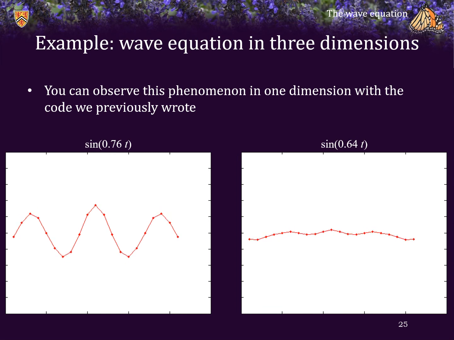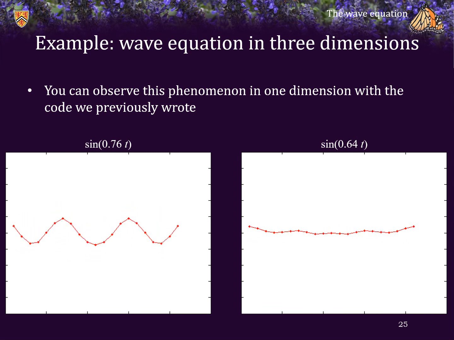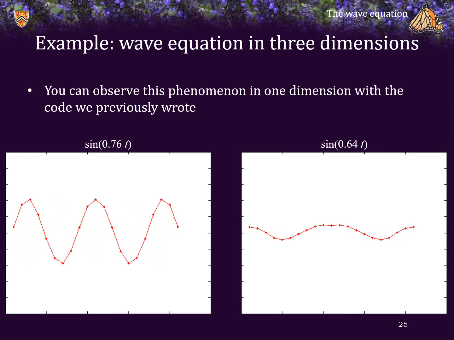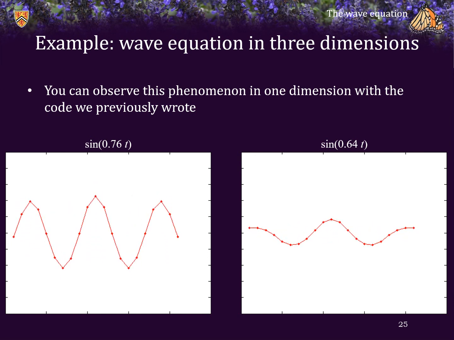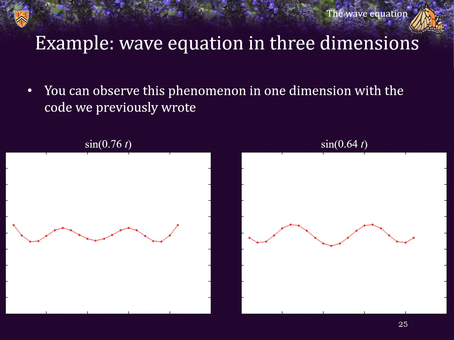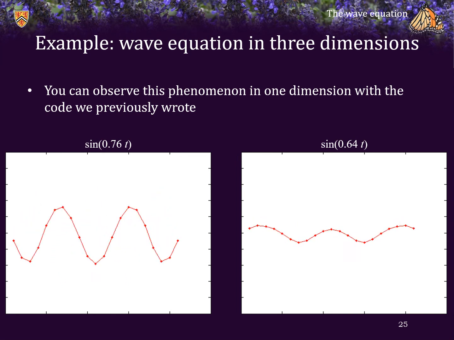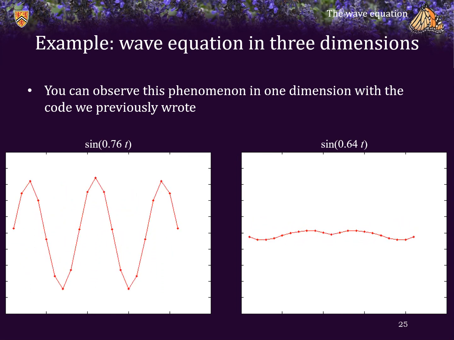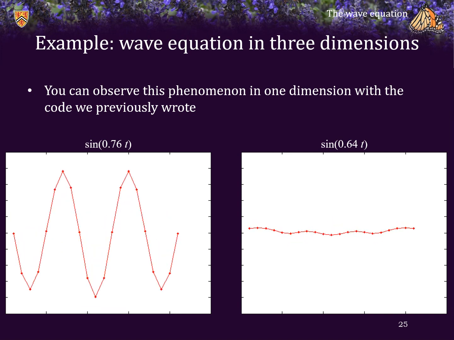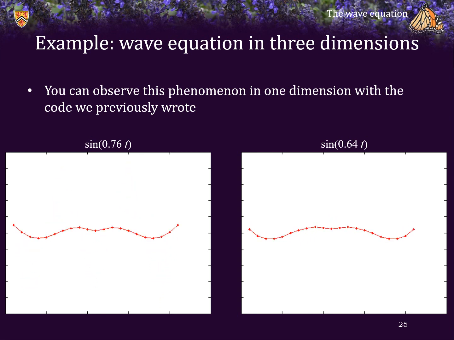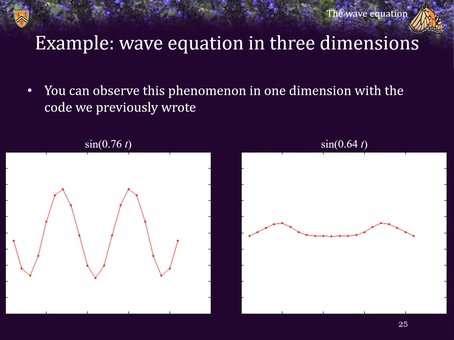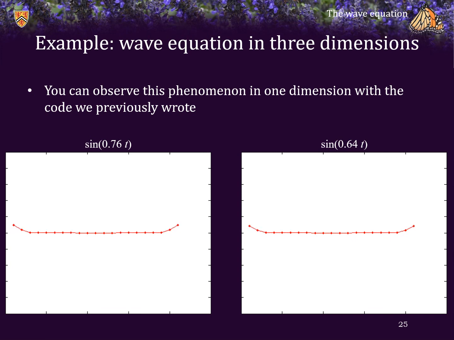And on the left, with an appropriate choice, you can see that the signal, which is reasonably small on the outside, is actually magnified on the inside of the string at the center, whereas on the right-hand side, with a poor choice of frequency for this distance, you occasionally get some large waves, but then later those waves get cancelled. So on the left-hand side, you see resonance. On the right-hand side, you do not.